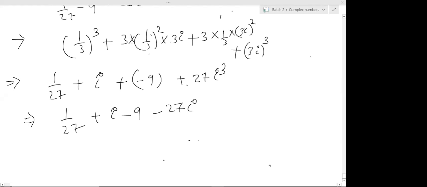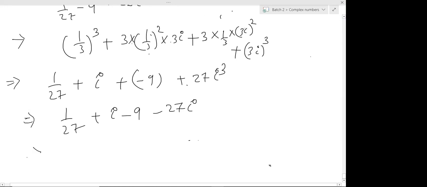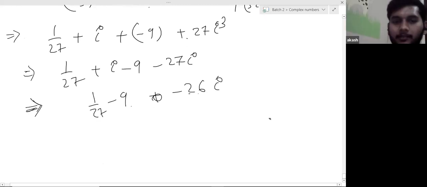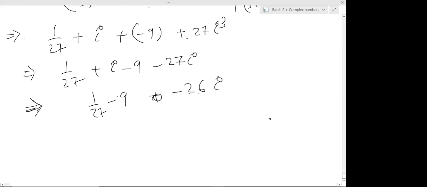So what is the answer? The final answer? The final answer is what Atisha got, minus 242 upon 27. We multiply this. 27 into 9 is 243, sir, and minus 1 is 242.